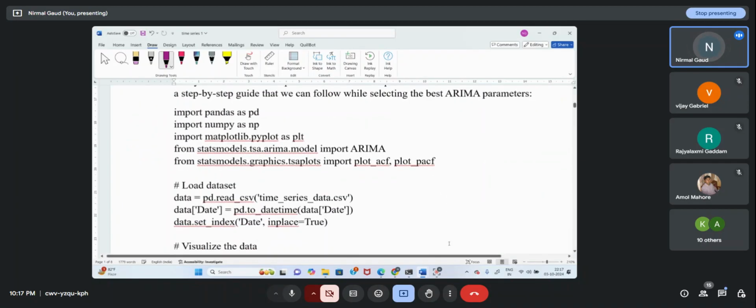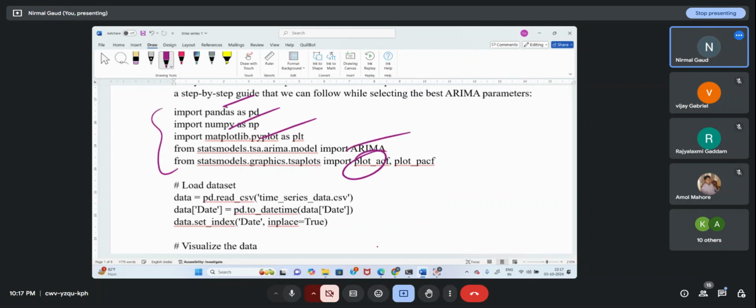So here is certainly a part of code. For example, we take all these libraries: pandas, numpy, matplotlib, and ARIMA from statsmodels. Then we can have autocorrelation and partial autocorrelation; these are the features.